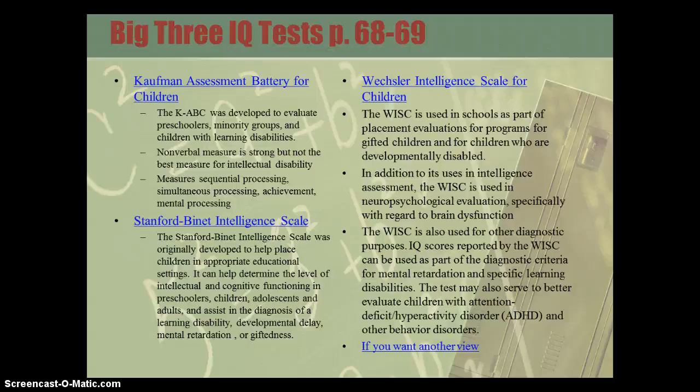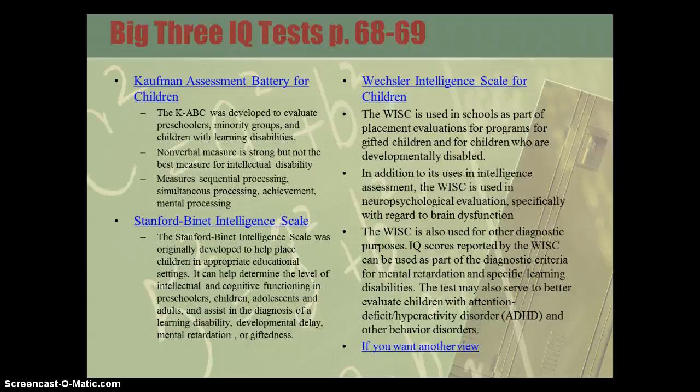The Stanford Binet was originally designed to decide where children are going to be placed, and it looks at intellectual and cognitive functioning, and it goes all the way from birth to, I think, age 80. It is useful in diagnosing learning disabilities, but it's also good at finding developmental delays, intellectual disabilities, and giftedness.